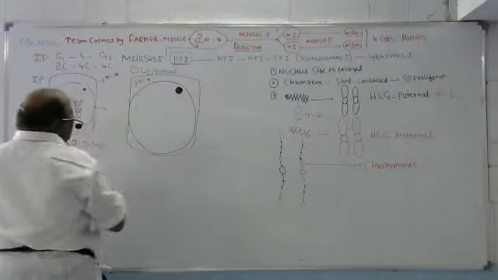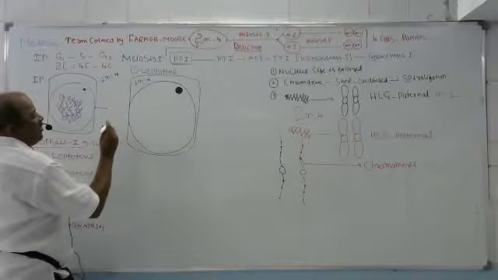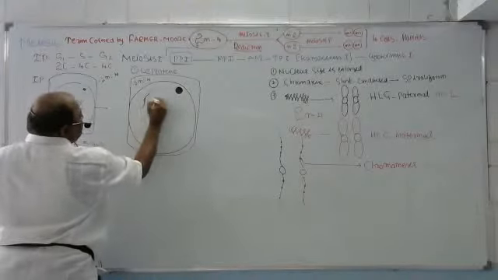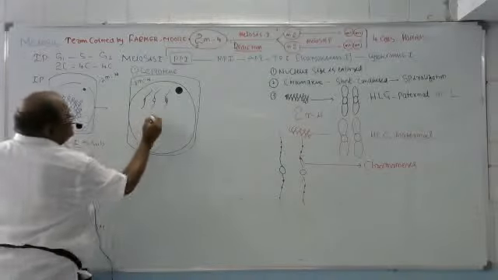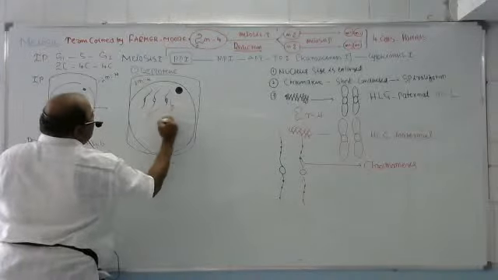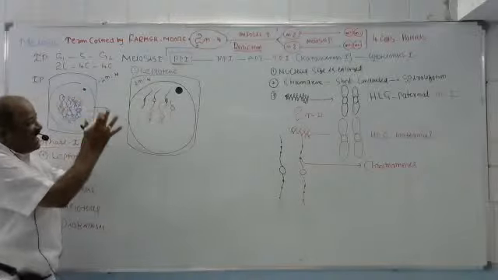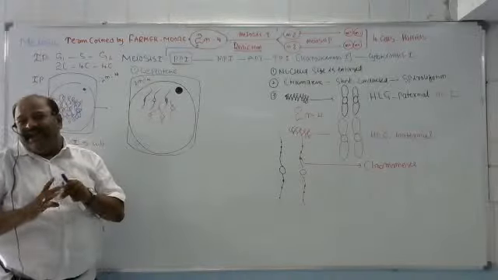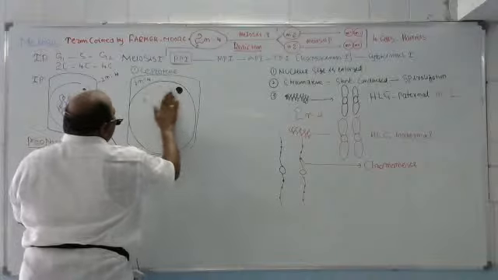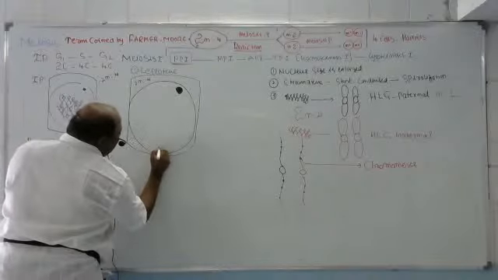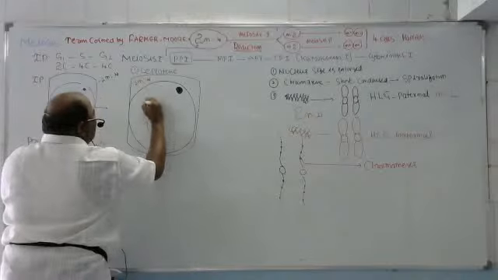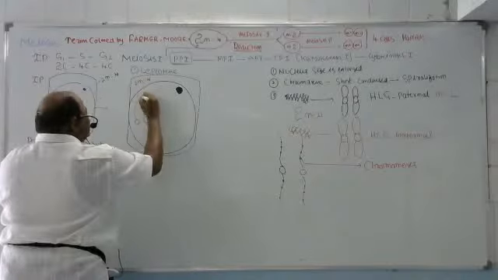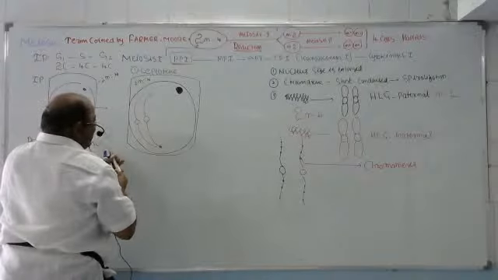At the end of this leptotene stage, look at here. Listen carefully. These are the homologous paternal chromosomes. These are homologous maternal chromosomes. They are randomly present. At last, finally, at a particular point region, all the homologous paternal chromosomes are on one side.